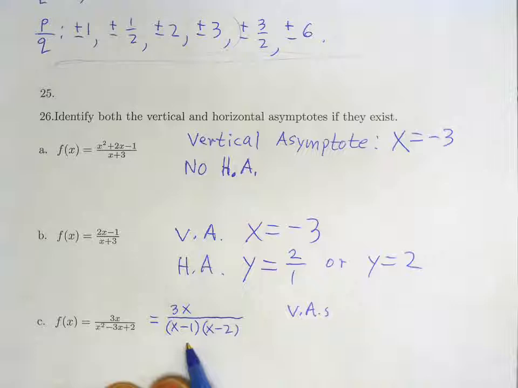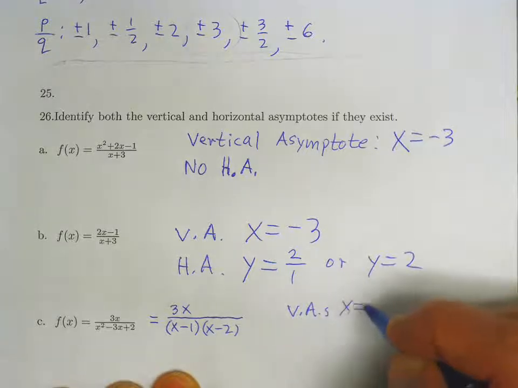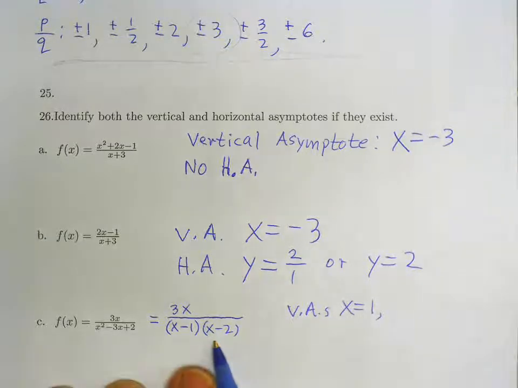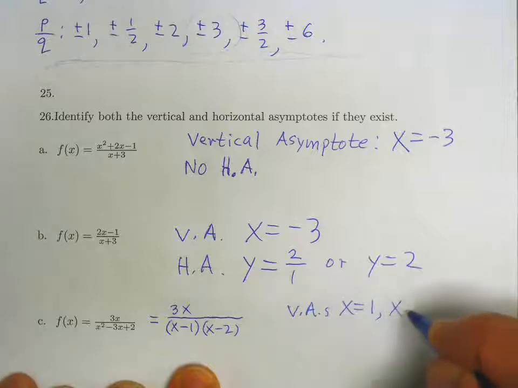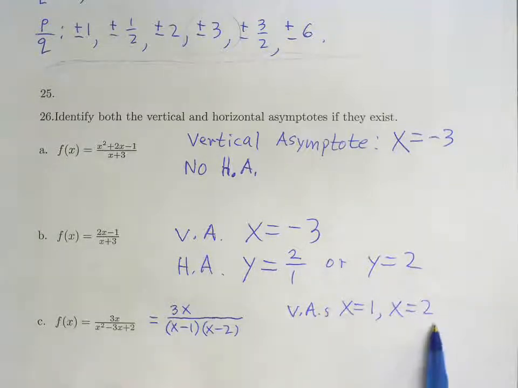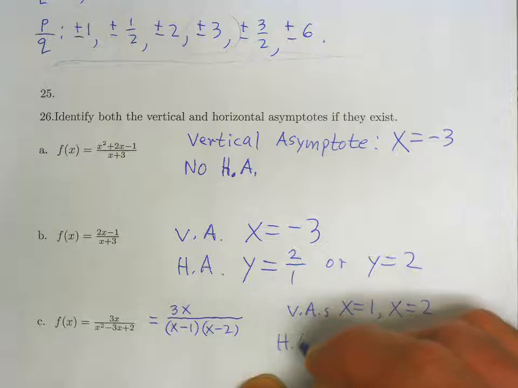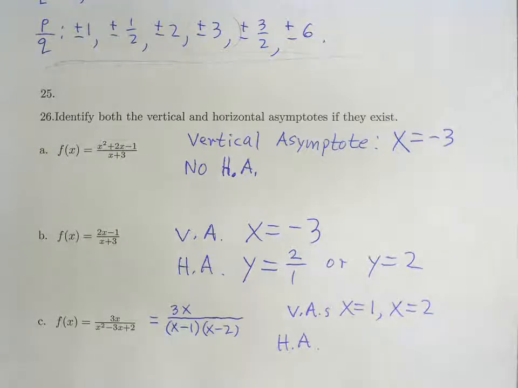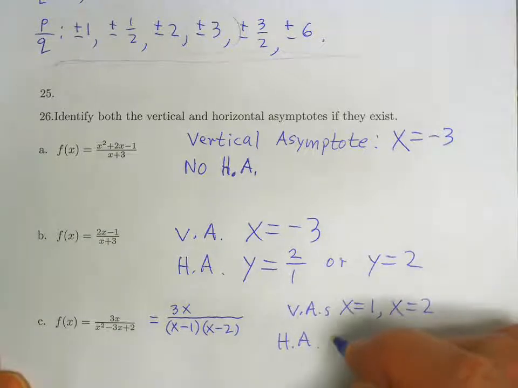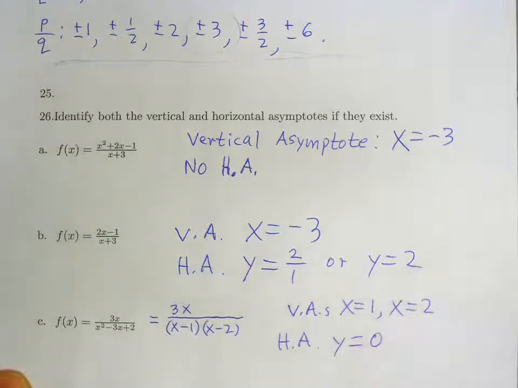One is x equals 1. The other 0 from the denominator is x equals 2. So x equals 1 and x equals 2 are the vertical asymptotes. And there is a horizontal asymptote. If the degree of the numerator is less than the degree of the denominator, then the x-axis, or y equals 0, is the horizontal asymptote.